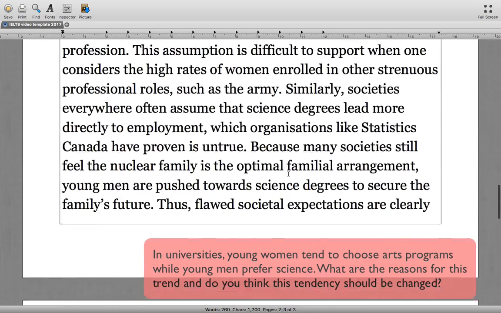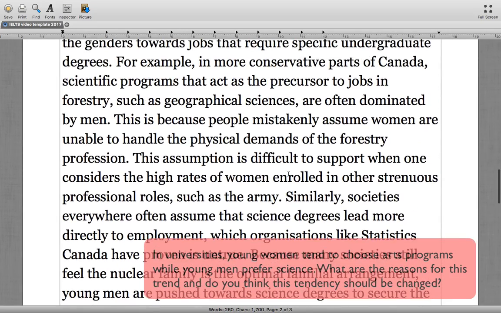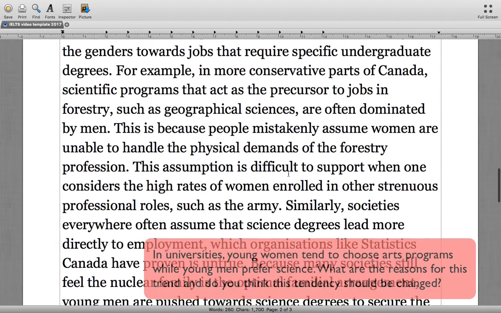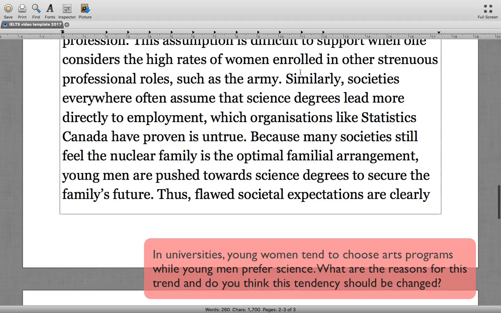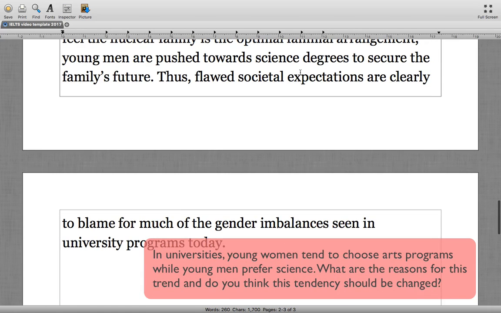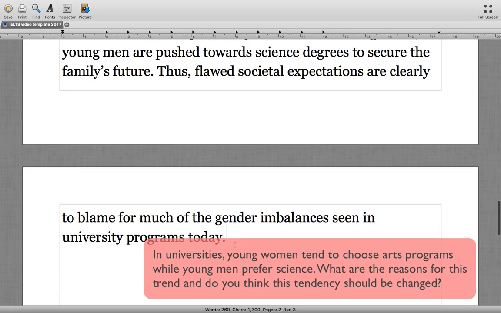Okay, now that's a pretty long paragraph. You could probably get away with just sharing one example. But if you're on a roll and you're able to come up with two, like I've done here, one for women and one for men, then obviously that's a fuller answer. But I don't think it would be needed to be successful in your IELTS.